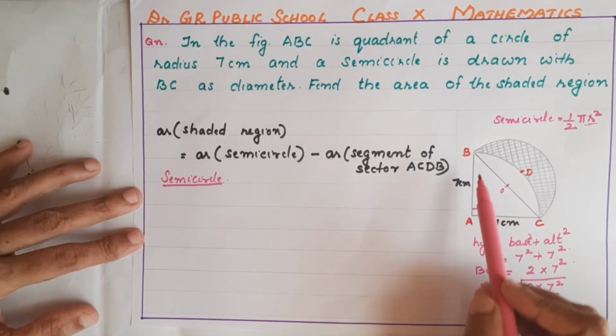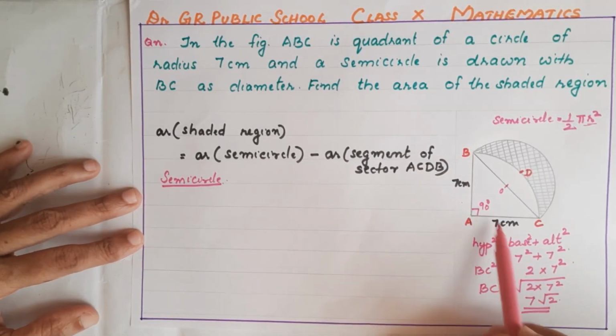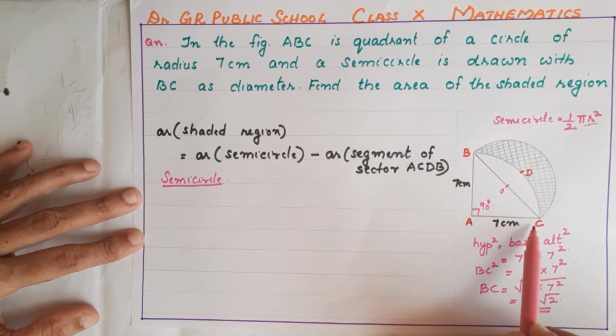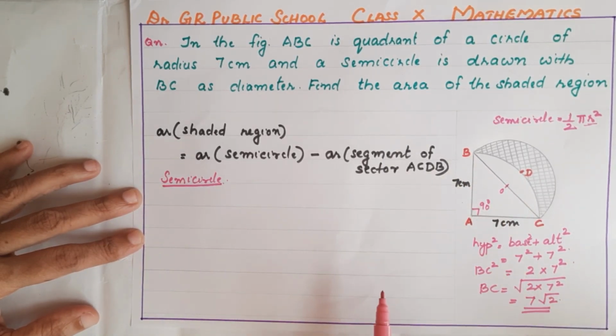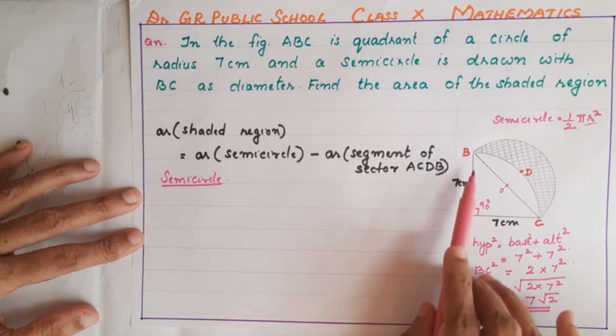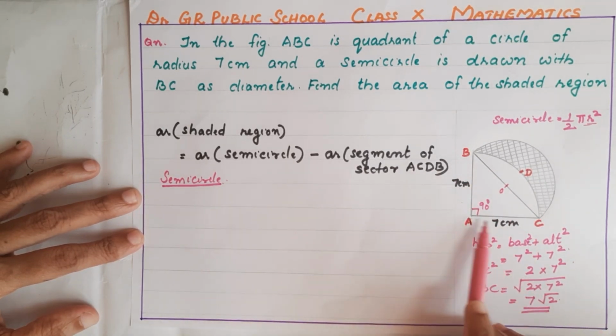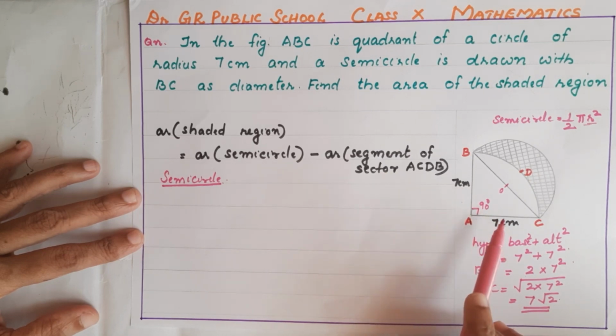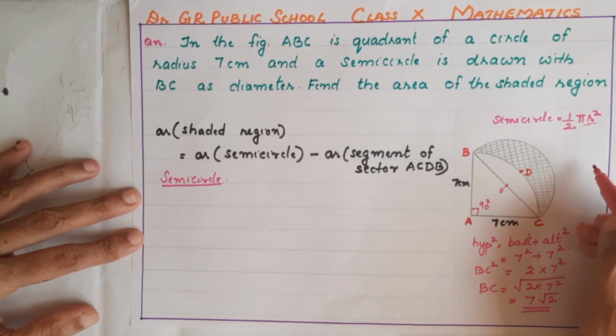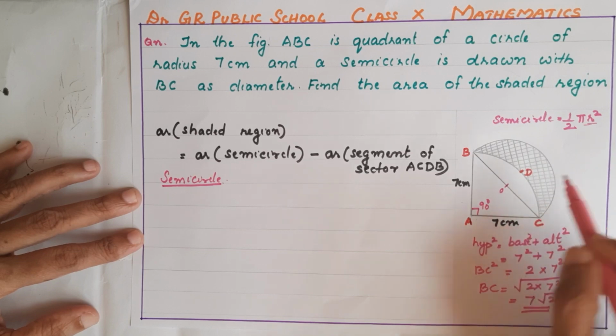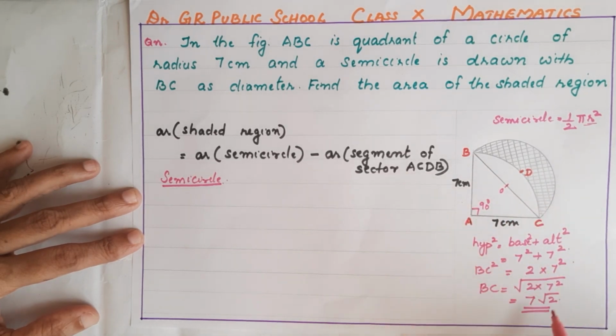If base and altitude, if both are 10, what will be the hypotenuse? 10 root 2. Okay, that means in a right triangle, if base and altitude are same, then suppose if both are A, hypotenuse will be root 2 into A.